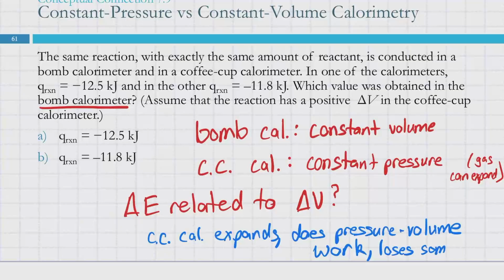So it loses some energy. So would we expect it to have more heat or less heat if it's used some of its energy as work? Less heat. So the coffee cup calorimeter is the smaller value, which means that the bomb calorimeter is the bigger value.